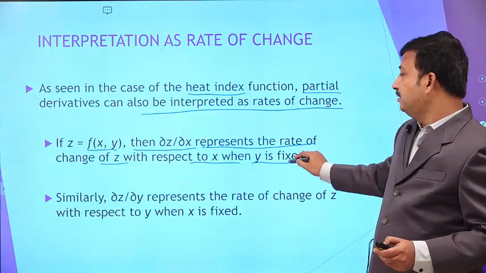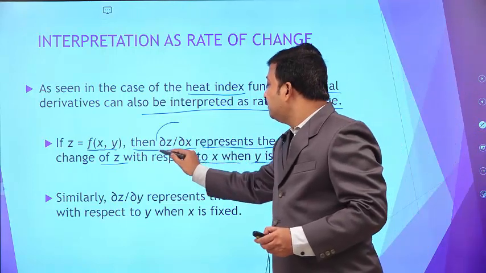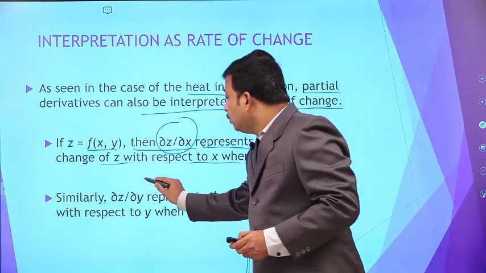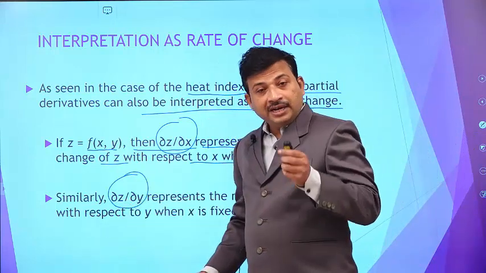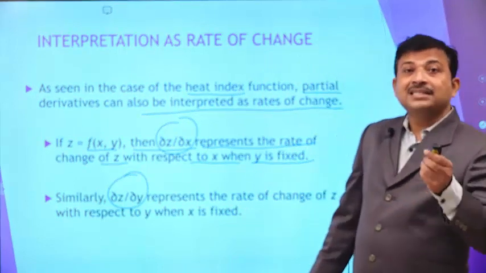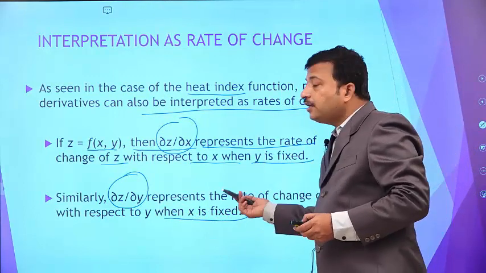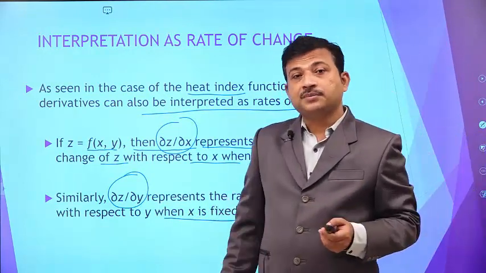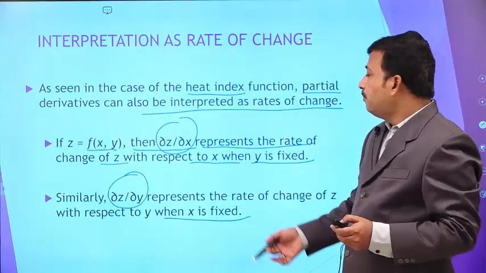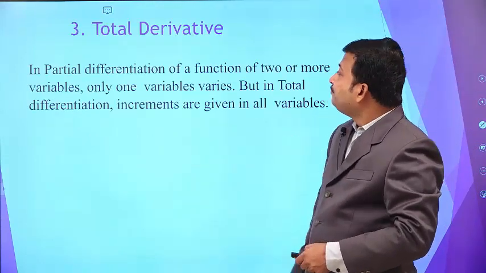Similarly, ∂z/∂y is nothing but the rate of change of z with respect to y where x is fixed. Derivative itself is the rate of change, so even the partial derivative we represent in this way, by fixing one of the variables and changing another variable.